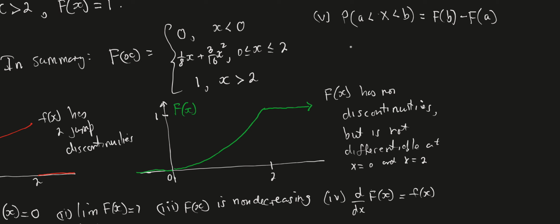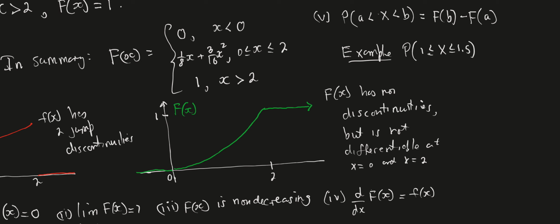So just to wrap this up with an example, here's an example illustrating how to use this fifth property. For the one that we just computed, suppose I wanted to find the probability that x is between 1 and 1.5, right? There are two ways I could do it.